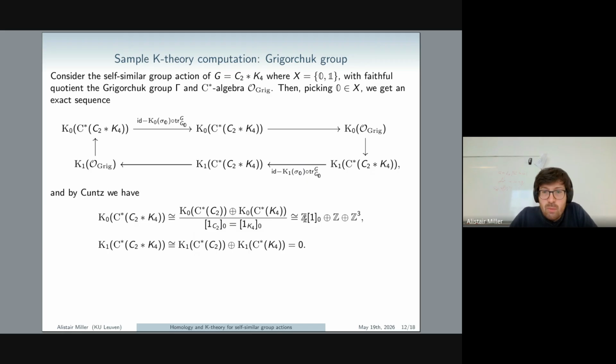So this gives us one copy of Z coming from the unit, plus one copy of Z coming from the rest of the cyclic group of order 2, because the C-star algebra is just a two-dimensional commutative C-star algebra. And then we get 3 more copies of Z coming from K0 of this commutative 4-dimensional C-star algebra. And in K1, you just get this direct sum, but now these are both finite dimensional, so K1 vanishes. So this is 0.